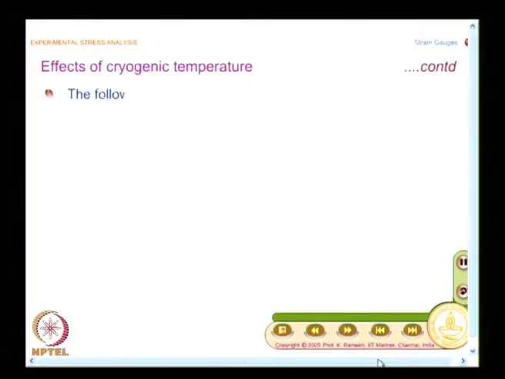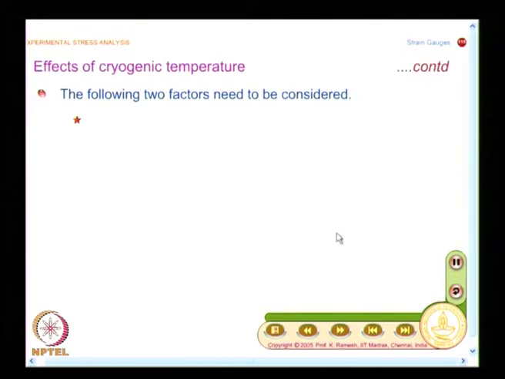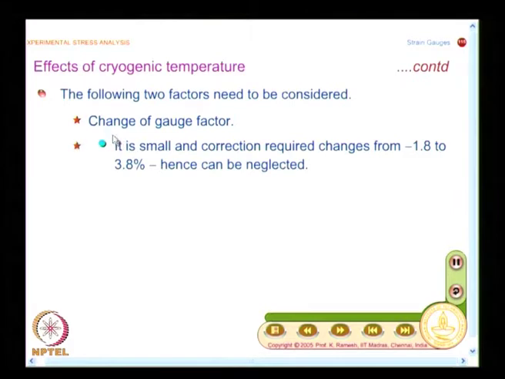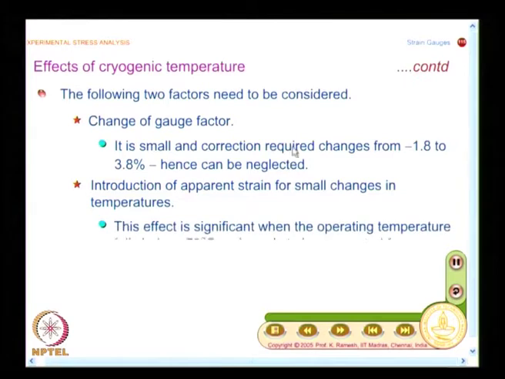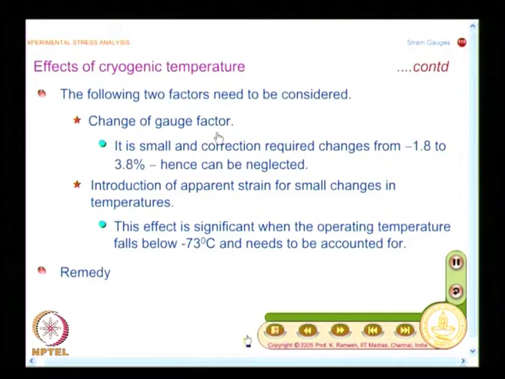And there is also another interesting feature when I come to this cryogenic temperature. You have a possibility of change of gauge factor, but that possibility is very small. So, you do not have to worry about change of gauge factor. But the other difficulty is the error in strain measurement can be very large when you work below minus 73 degree centigrade.